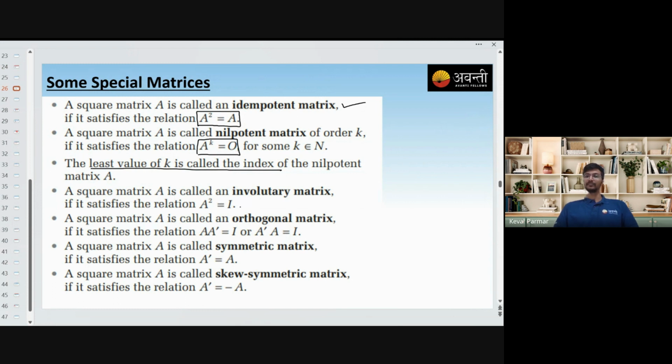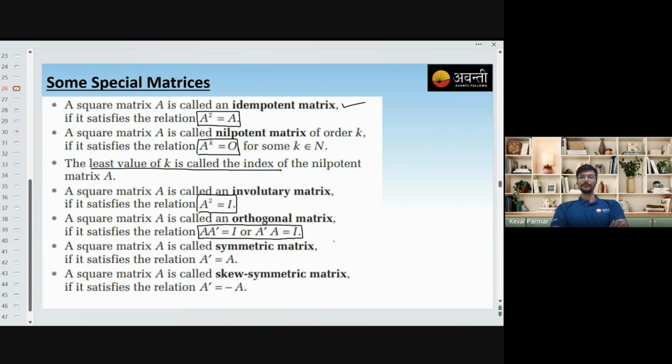Involutory matrix. Involutory matrix is when the square of the matrix is the identity matrix. Orthogonal matrix. Orthogonal matrix means when we multiply the matrix with its transpose, we get the identity matrix.